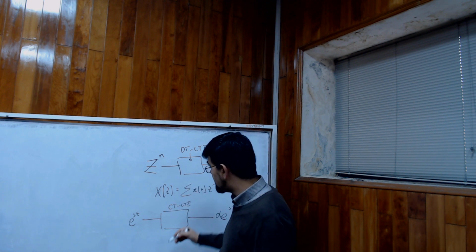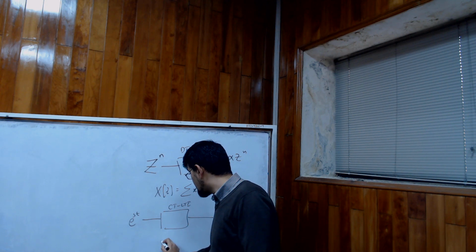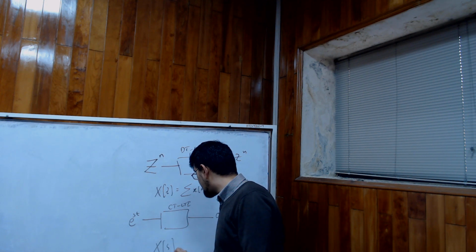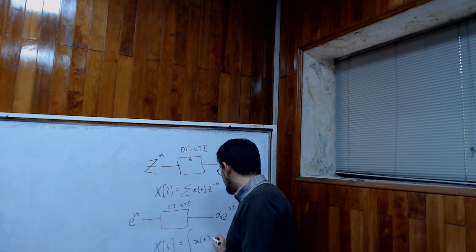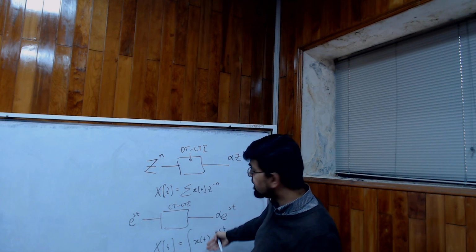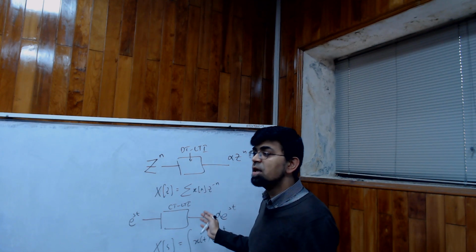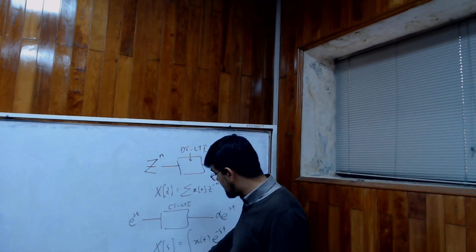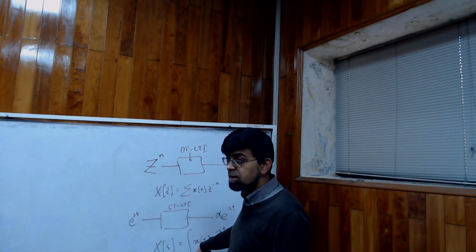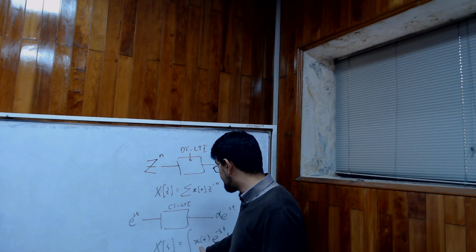So from there the idea came out that we can have a Laplace transform of continuous time LTI systems. The similarity is so much, it's all the same. Only thing is summation here because of discrete time, integral here because of continuous time, right?